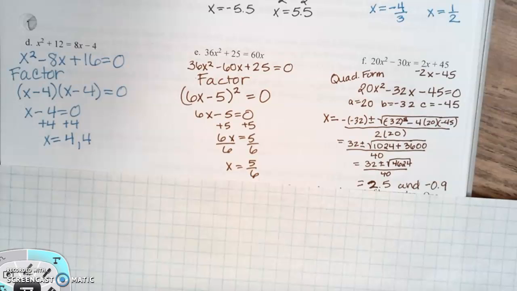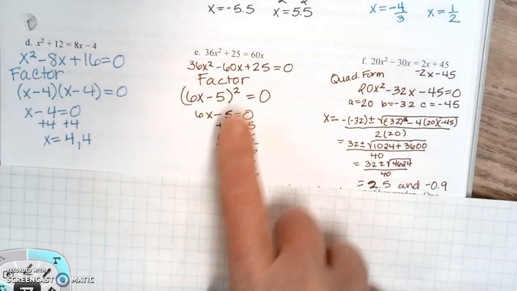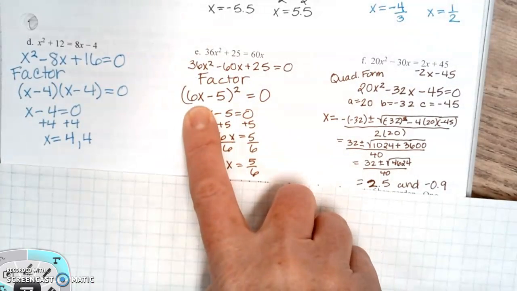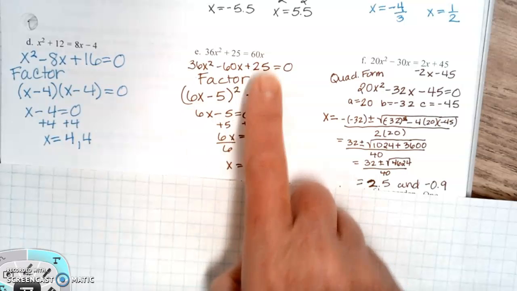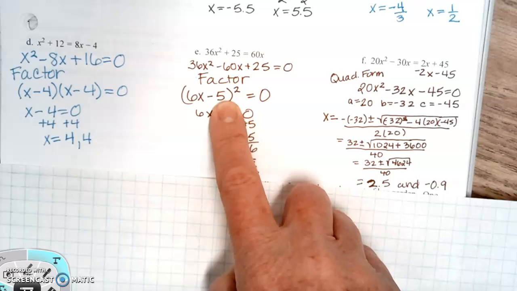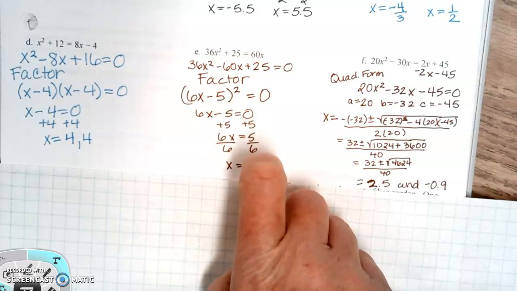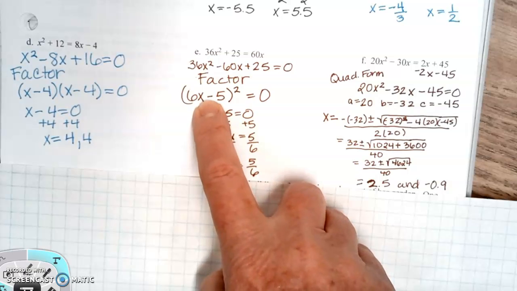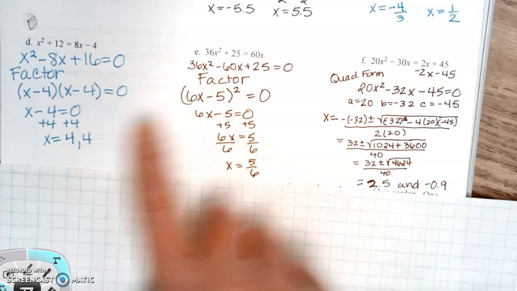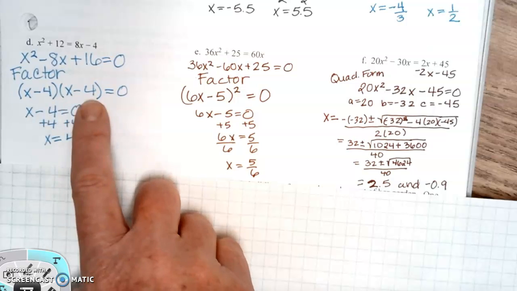I move this 60x over to the other side by subtracting it. And I can easily see that the 36x squared is a perfect square. It's 6x. And the 25 is a perfect square. The square root of 25 is 5, right? Because this is negative, I need a negative sign there. And it appears twice, just like the x minus 4 did over here.